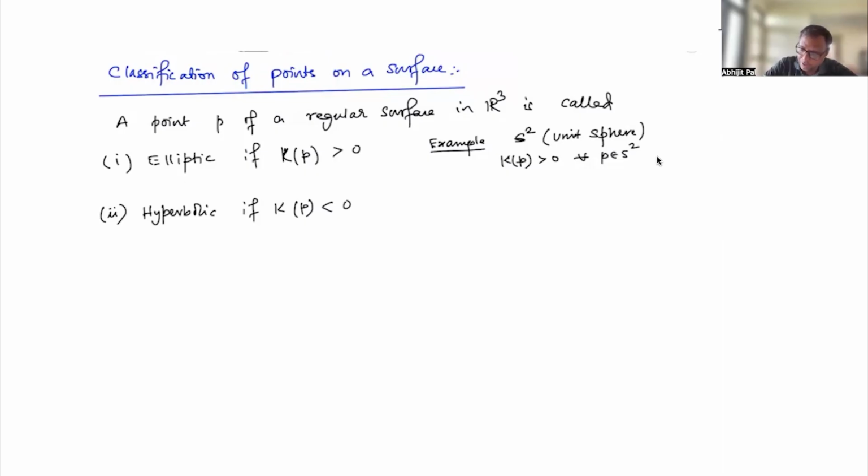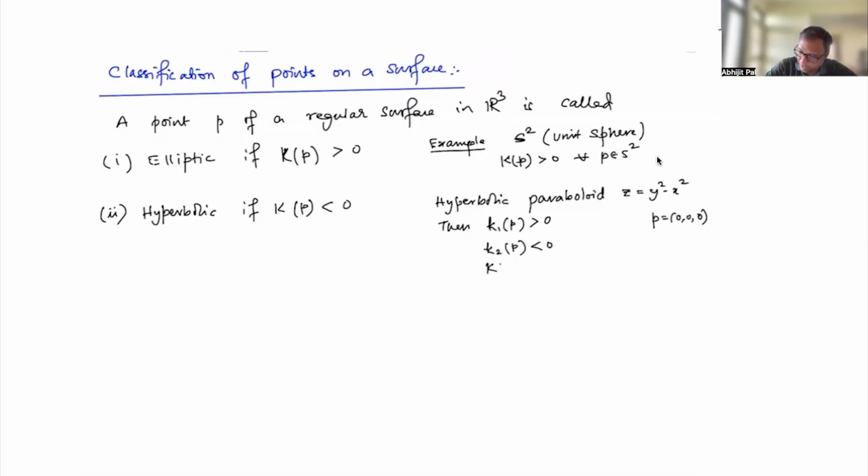So in the last class, we have seen that if I take this hyperbolic paraboloid, z equals y square minus x square, so this principal curvature K1 at P, let us take P to be the origin, was greater than 0, and K2 at P was less than 0.